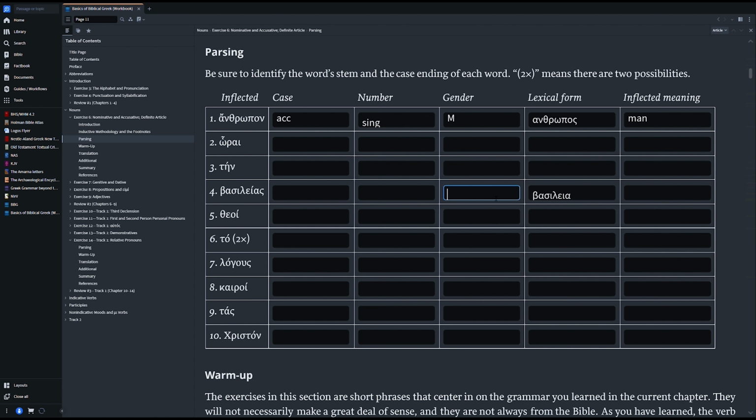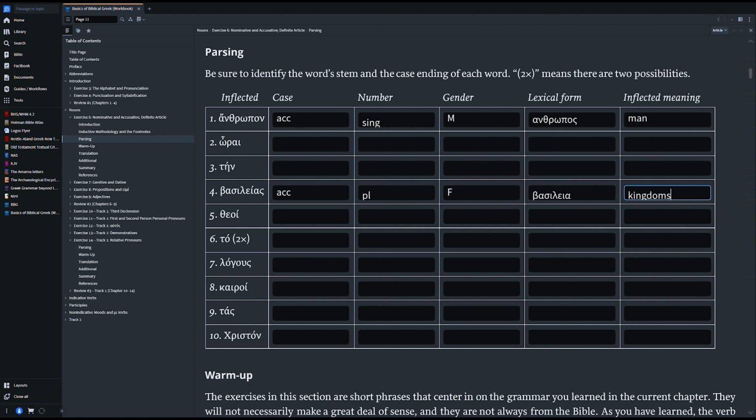But you know that that's going to be a feminine. And so you think yourself on the feminine side of these, what is it? And Vasilias is accusative plural. So plural is more than one, so you can go to inflected meaning. It's like, okay, Vasilia means kingdom, you know that. And it's a plural, so it's going to be kingdoms.